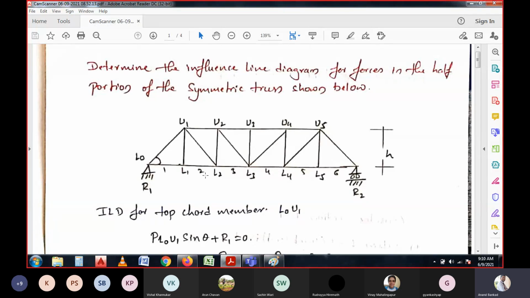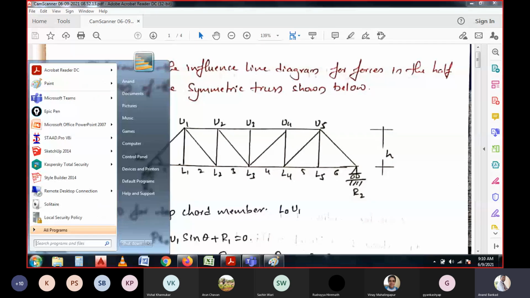So here we have diagonal members, vertical members, and horizontal members also. In these members, they may ask to calculate the forces in the members of the given truss. Since it has symmetry, here we have symmetry about U3 and L3.